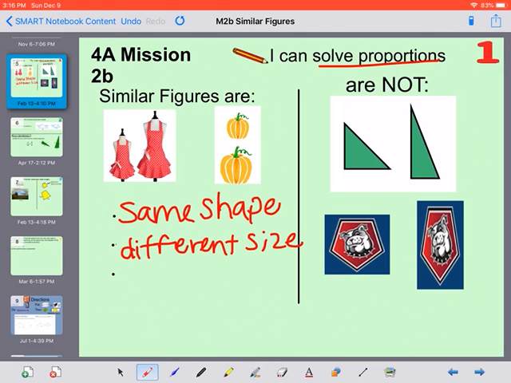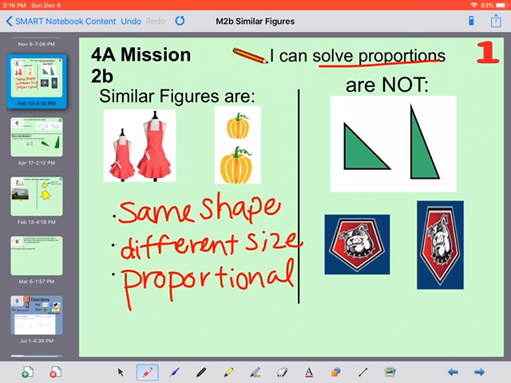One word that relates both of these, the same shape but a different size, we call it proportional. I can't spell, proportional. So that means, proportional means we have the same ratio between our two objects, they're just different sizes.